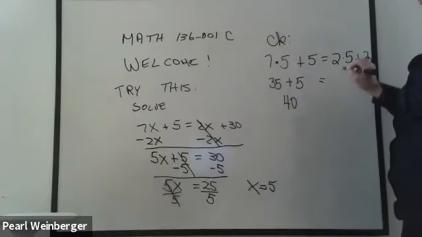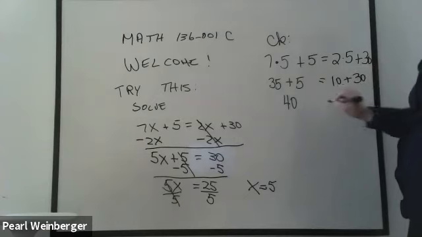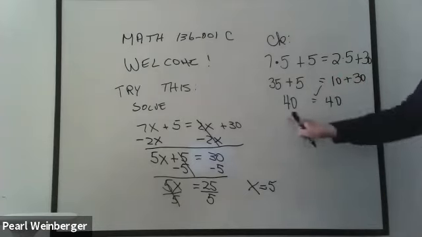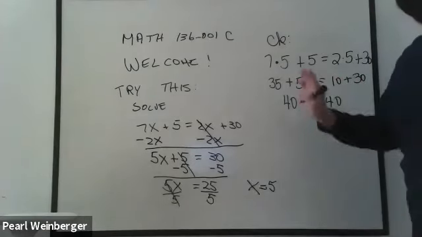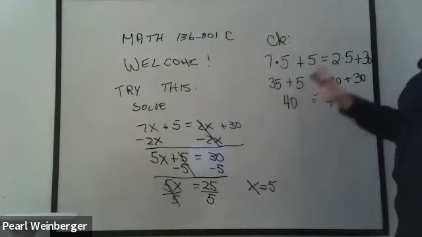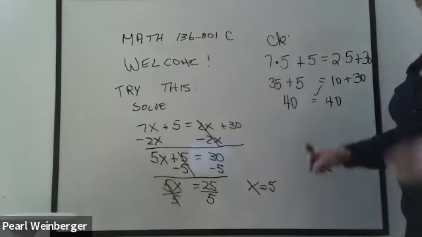On the right side, we do 2 times 5, which is 10 plus 30, which gives me 40 as well. Once we get the exact same number on both sides of our equation, and it doesn't matter what that number is, we know that we have solved this correctly.